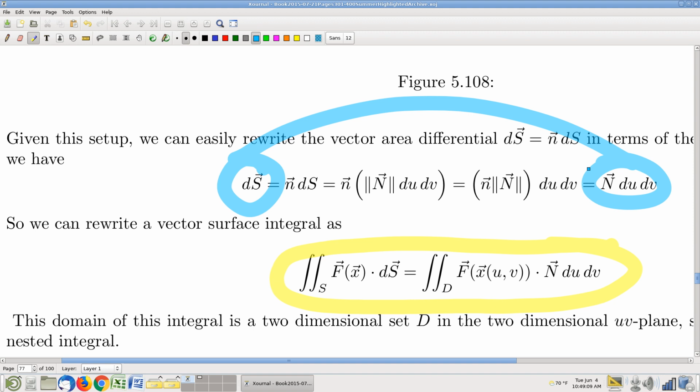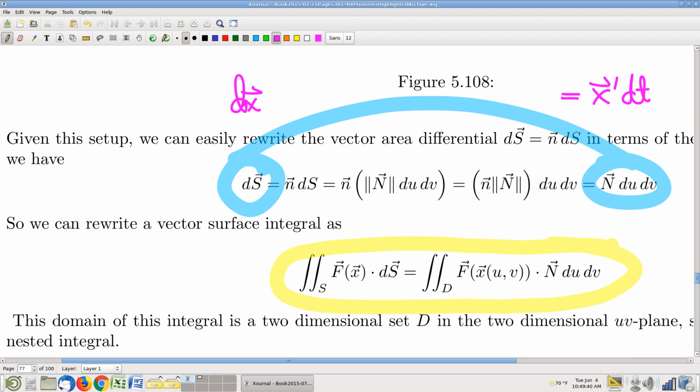It's kind of like the analog of when we were talking about vector line integrals and we wrote dx is x prime dt, an easier calculation there. Derivative of the parameterization. Hey, by the way, capital N comes from derivatives of the parameterization. And then differentials of our pullback parameters in each case.